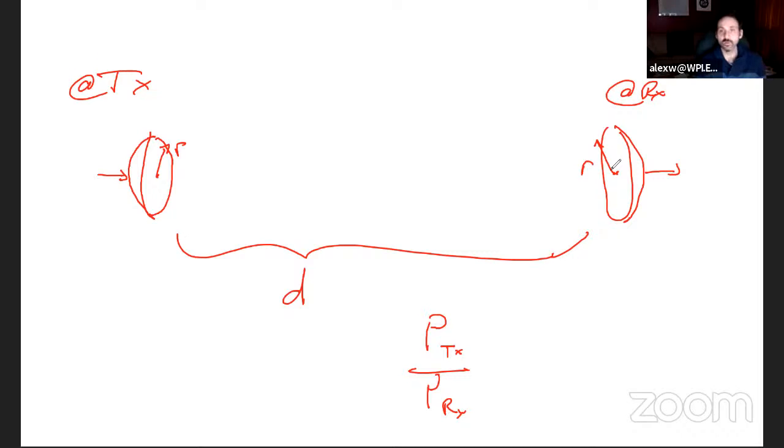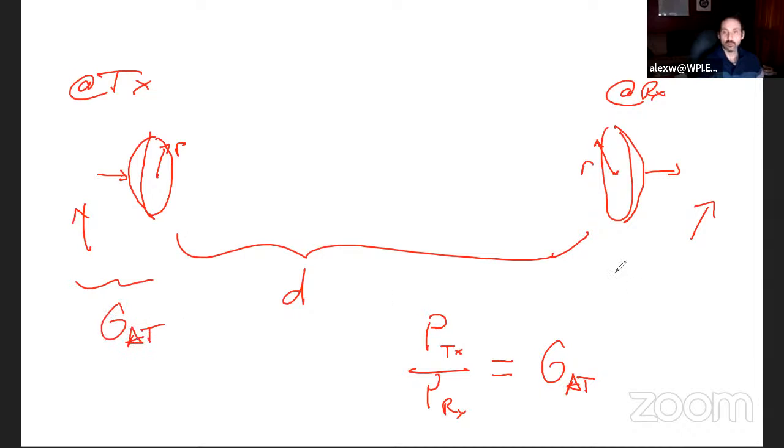Yes, I do. The way to calculate this, of course, with any particular losses or gains at either transmitter or receiver, translates into the end-to-end gain or loss. It is going to be the gain or loss of the transmit antenna, the gain or loss of the receive antenna, and the path loss, the free space path loss.